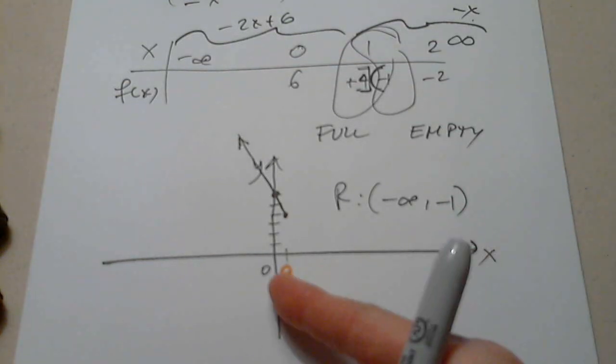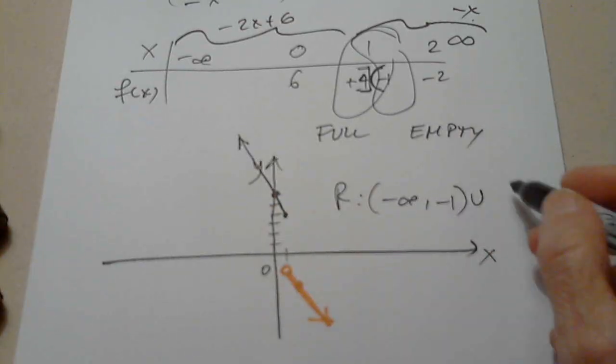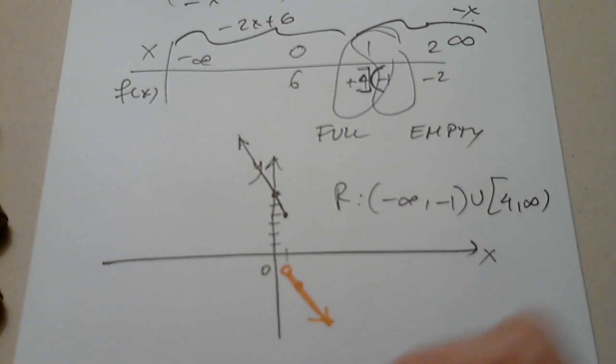When we say parenthesis, we mean open. When we say open, we mean parenthesis. Union from 4 to infinity. Again, this has nothing to do with this course. I just wanted to review this because it's very important for chapter 1, in which we're going to determine limits, etc., continuity, all sorts.